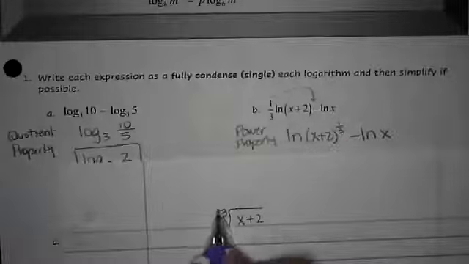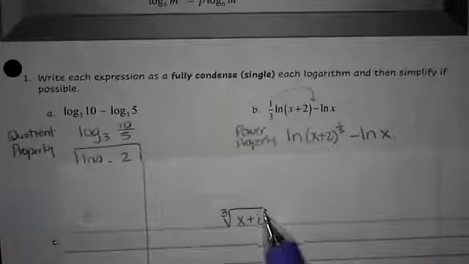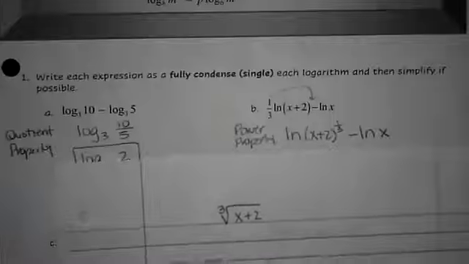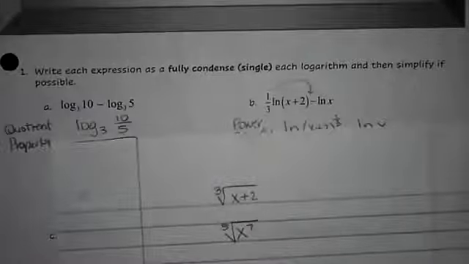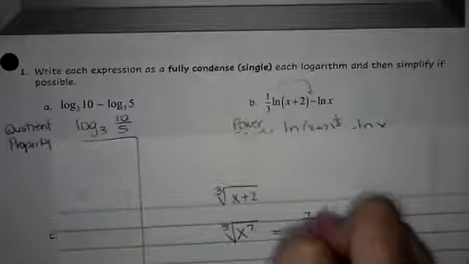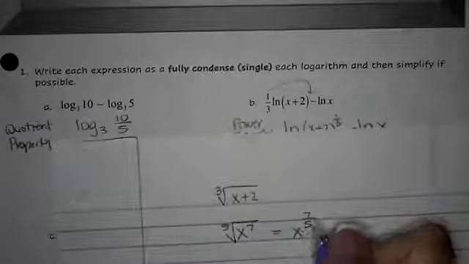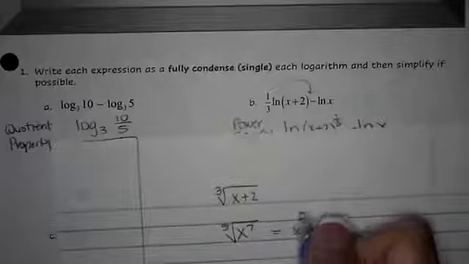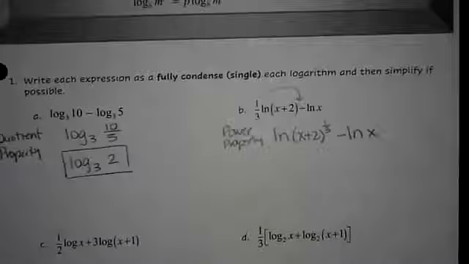The 3, this index right here, comes from the denominator, and the numerator would be the exponent. So that would be right here. So if we had something like this, we could rewrite that as x to the 7/5. You're going to want to do this in order to get this exponent and then put it as a coefficient. So I just thought that was a good place to quickly review that.